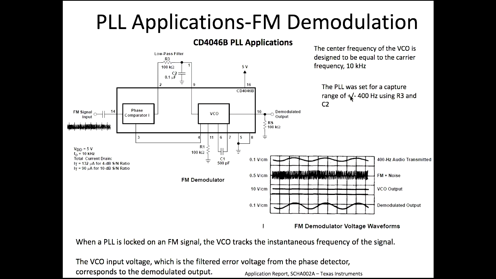If your center frequency is 10 kilohertz, then your input must be 10 kilohertz plus or minus 400 hertz, because the PLL cannot synchronize, recover the clock or do demodulation if your input frequency is far away from the center frequency. That is called the capture range. They say there is a particular range.